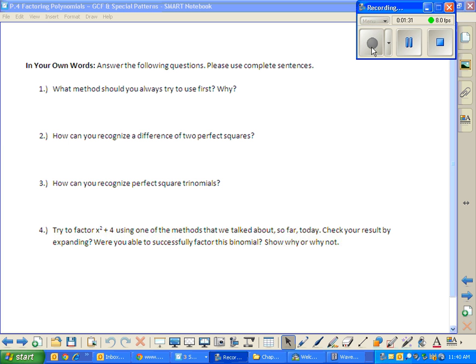Number 2 says, how can you recognize a difference of 2 perfect squares? Now, why are these types of questions important? Because how are you going to remember to use the square root method if you don't even recognize what a difference of 2 squares is?